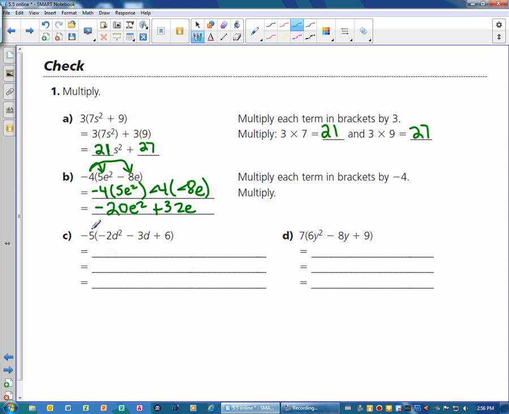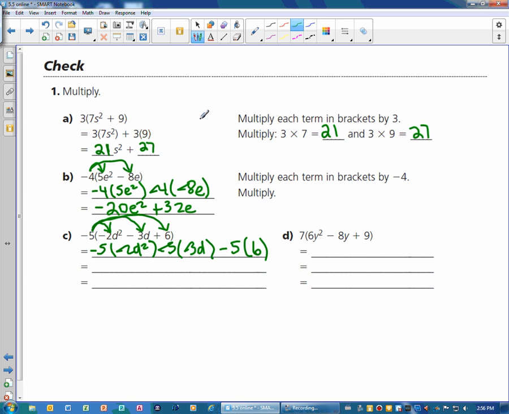Third example, make sure that negative 5 gets distributed. So I'm going to have negative 5 times negative 2d squared. I have negative 5 times negative 3d. And I have negative 5 times positive 6.